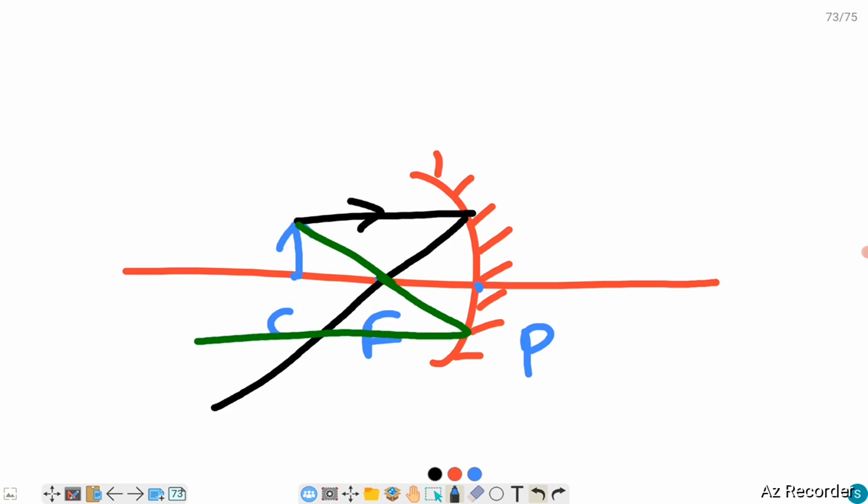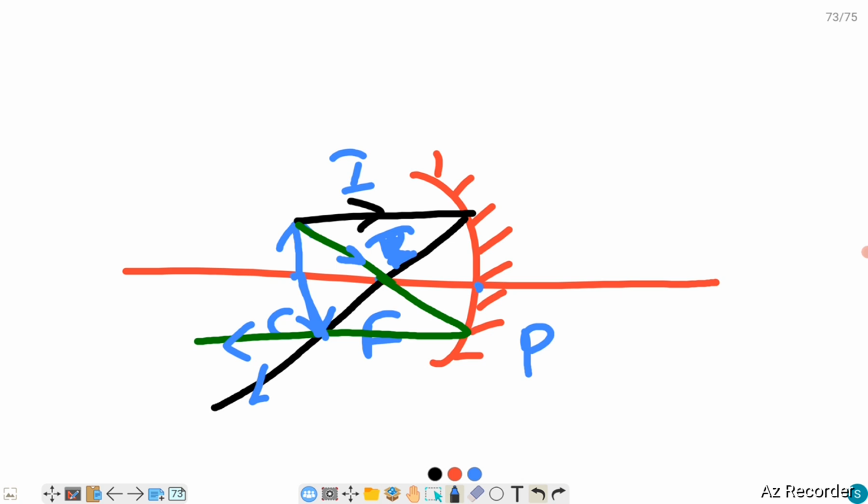Now here you have the image formed. Actually it will come exactly at the same position with the same size. Okay, arrow marks are very, very important. Don't miss them. If you are not drawing the arrow mark, we don't understand which is the incident ray and which is the reflected ray you are taking.